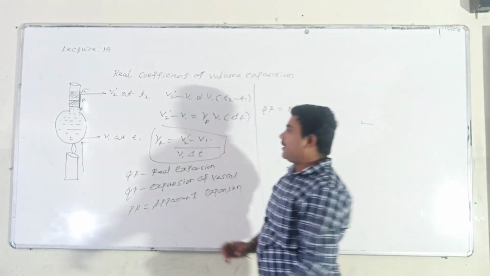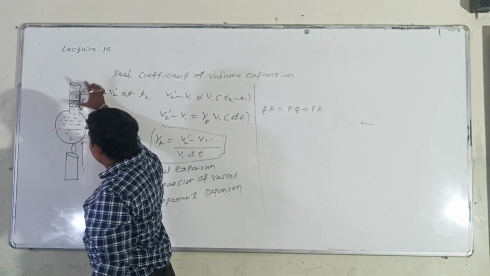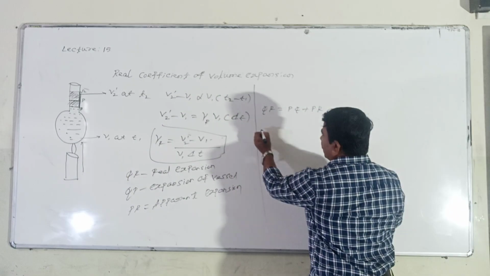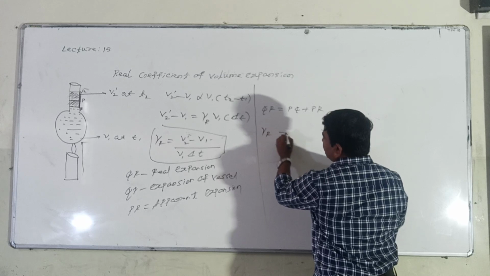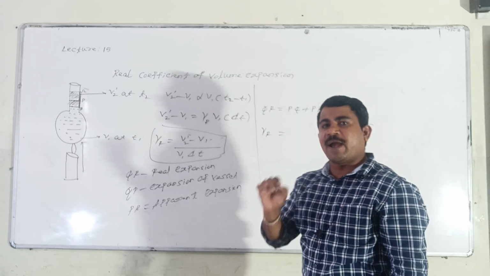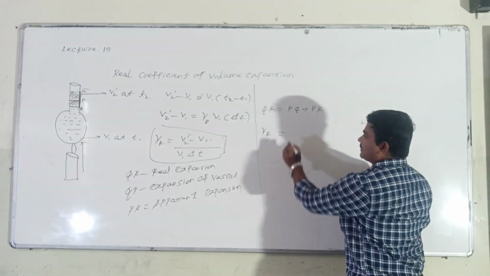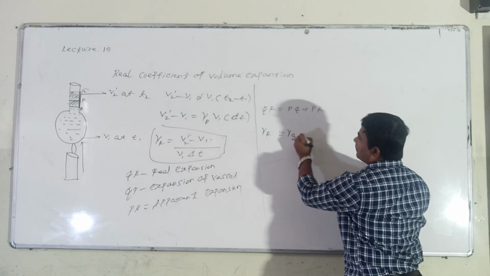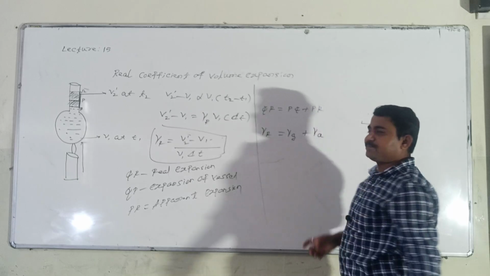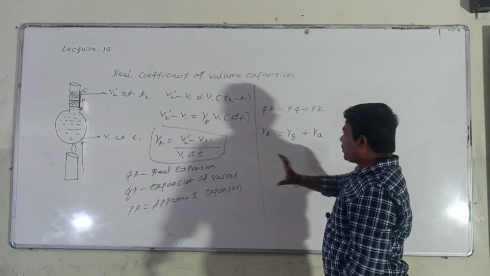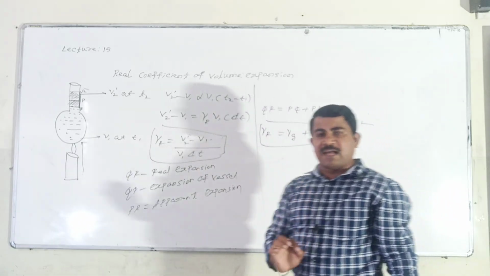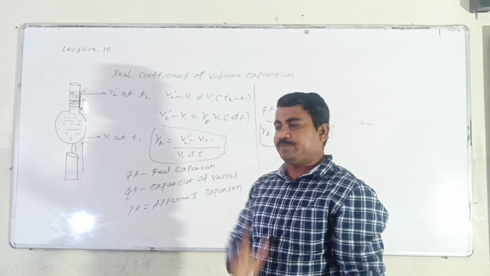QR is replaced by this value, gamma R. PQ is the expansion of the vessel, meaning the expansion of the glass. Shall I call it gamma G? PR is the apparent expansion. Shall I take it as gamma A? I mean the coefficient of real expansion is equal to the sum of the expansion of the glass plus the apparent expansion.